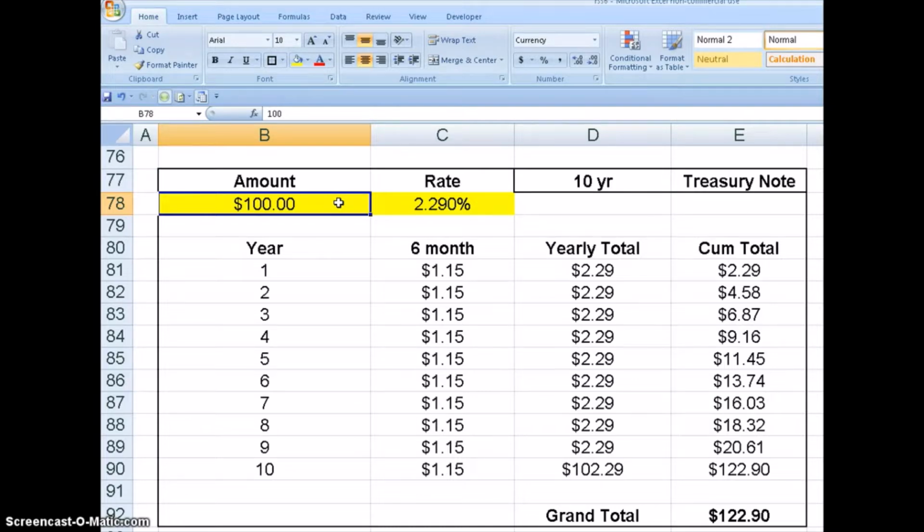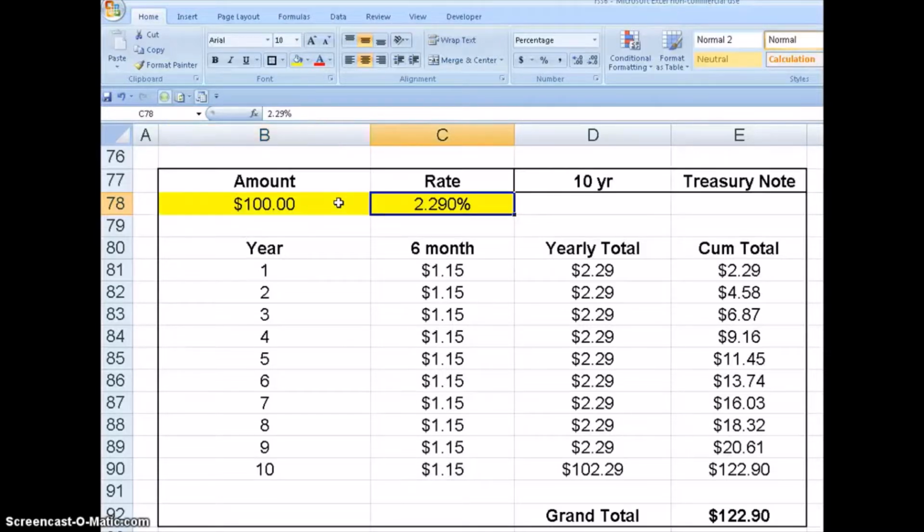Maybe $98.50 if the note was selling at a discount, or maybe you'd buy it for $101 if the note was selling at a premium. So it all depends on the market conditions. But just for purposes of this example, let's say you buy it for $100.